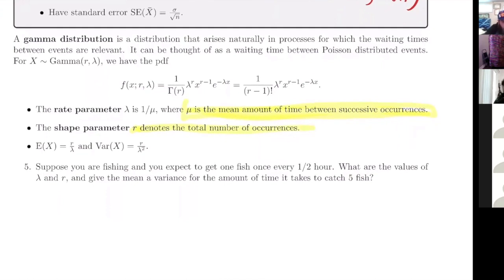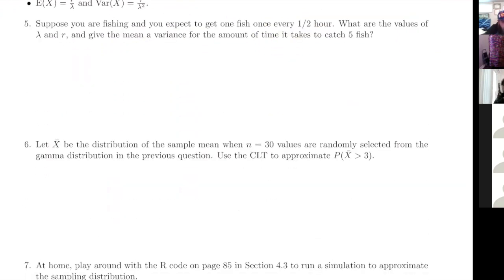So if we want to think about, eventually down here, taking repeated samples from X, and we want to think about what is the mean of those 30 samples, in other words, the sample mean, we'd want to come up with a description for the distribution of sample means.